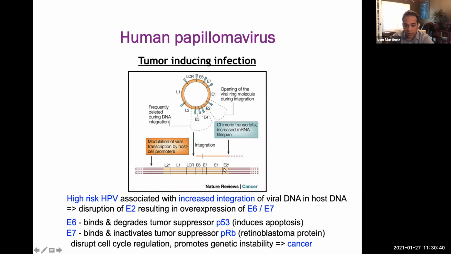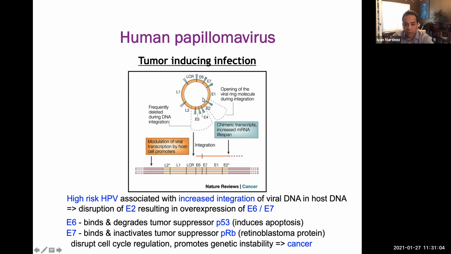This is not part of the viral replication, the viral life cycle. The virus doesn't want to integrate into the human genome, but most of the cancers that we know are HPV related have HPVs integrated into the genome. And most of the time, because it's a circular genome, there has to be a cut in the genome of the virus to integrate.